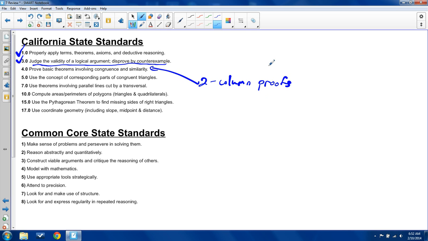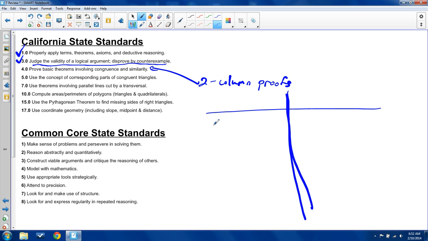Let me find the actual problem first. It was assignment number 11. And we had a two-column proof here. Just assume the left side is statements and the right side is reasons. Okay.